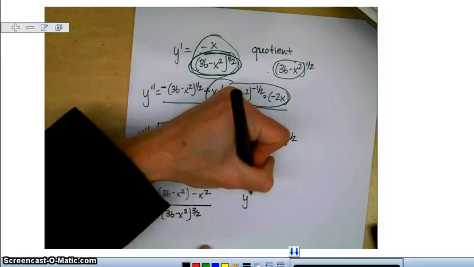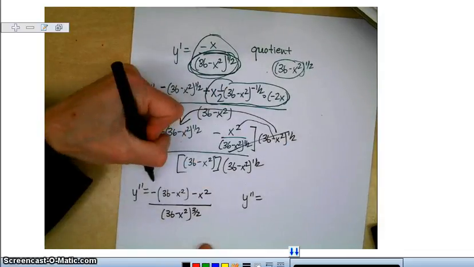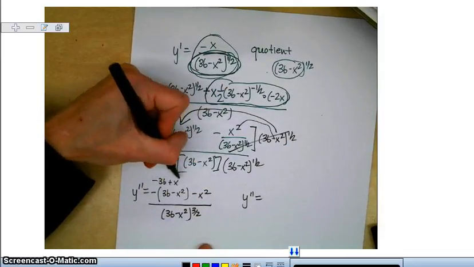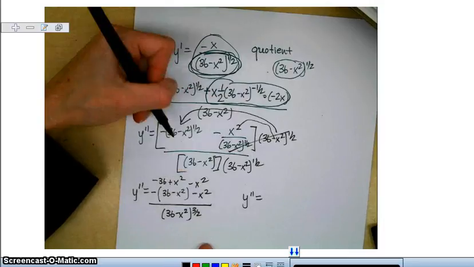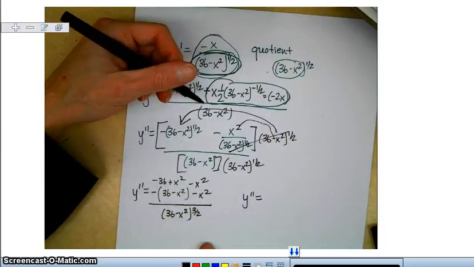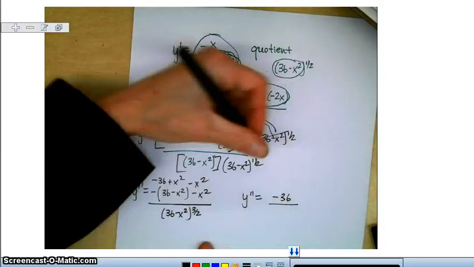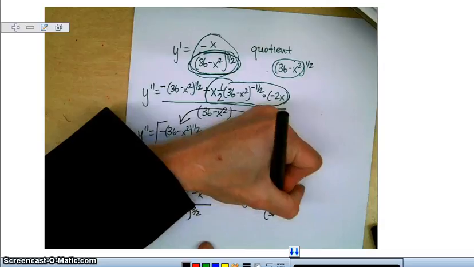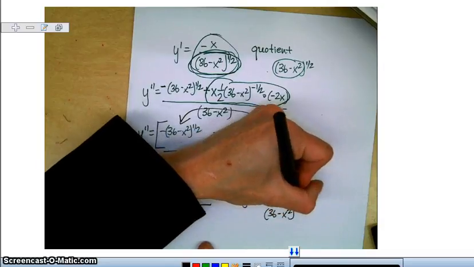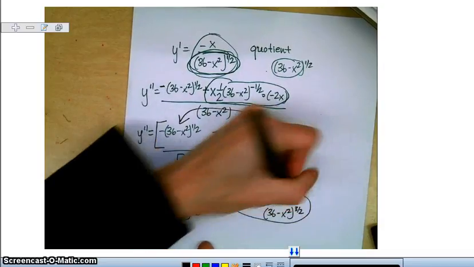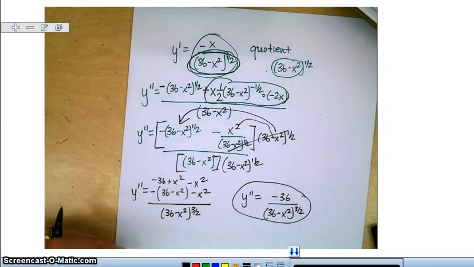So finally, y prime prime is, if I distribute this negative, you get negative 36 on the top, and you get 36 minus x squared to the 3/2 power on the bottom. That's the second derivative we got doing it by getting y by itself.